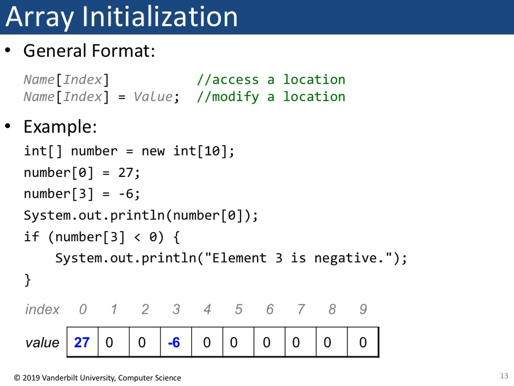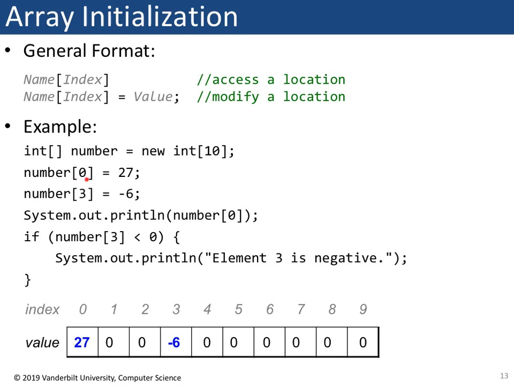In the first statement in our example, we have int open bracket close bracket, so we're creating an integer array. We're calling it number, and we're assigning it a new integer array object with length of 10. In the next statement, we're going to assign the first element, so that is element 0, the value 27.